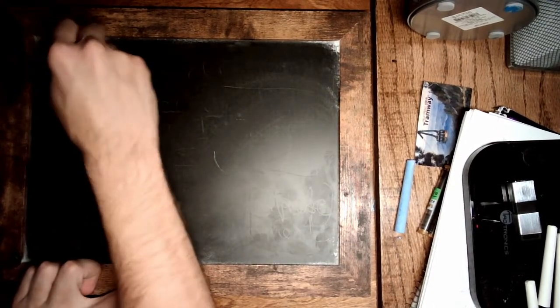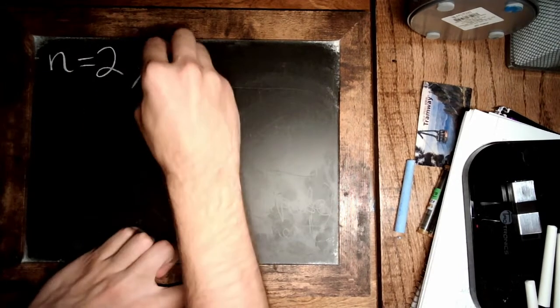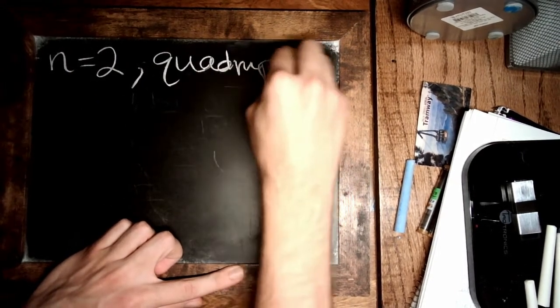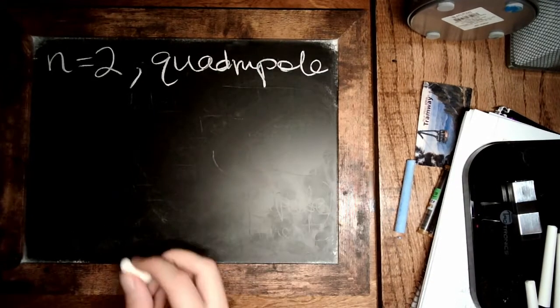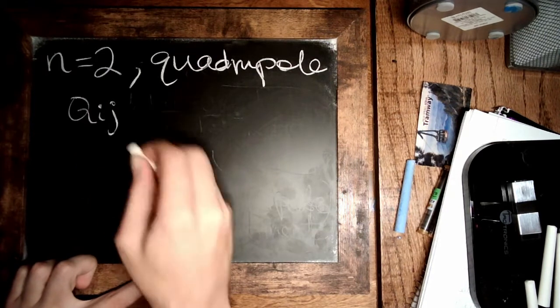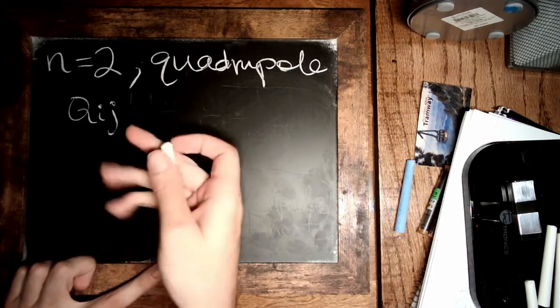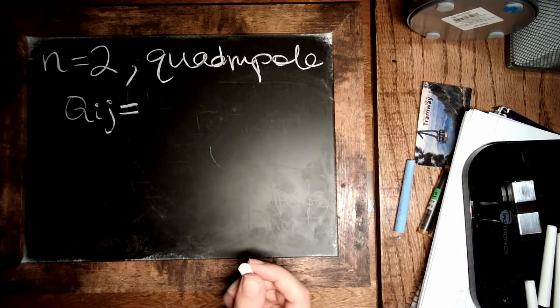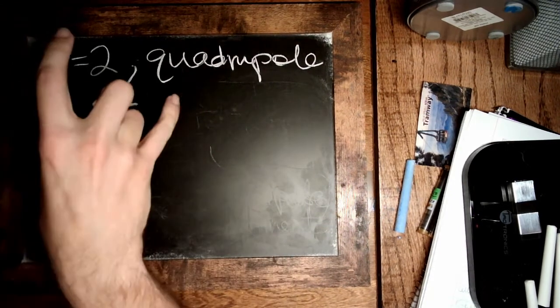So we introduce the next term, n equals 2, called the quadrupole moment. We'll define this quadrupole moment up front. It's a second rank tensor now, indexed by i and j for different points in space. The monopole moment was a scalar number.